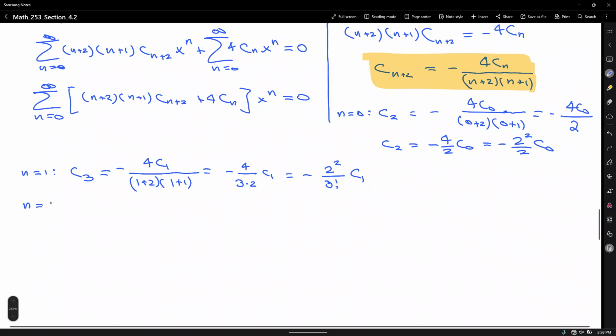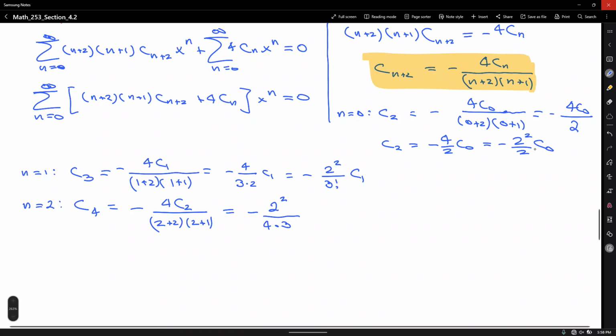n equals 2. That'll be c sub 2 plus 2, which is 4, equals negative 4 c sub 2 divided by 2 plus 2, 2 plus 1. Okay, what is that? Number 1, this would be negative 4, which is 2 to the second power, divided by 4 times 3. But what is c sub 2, guys?